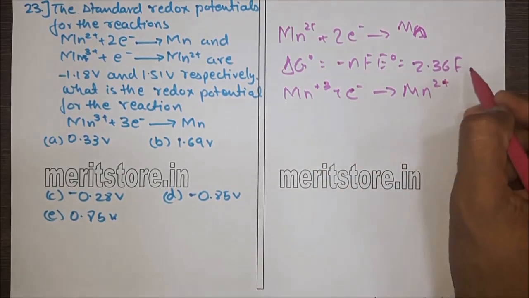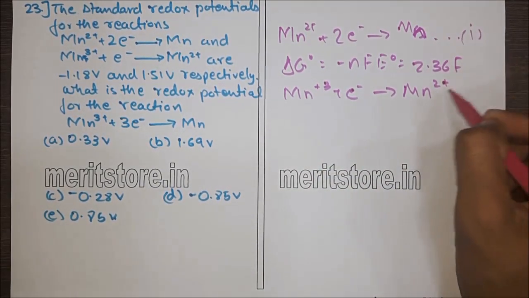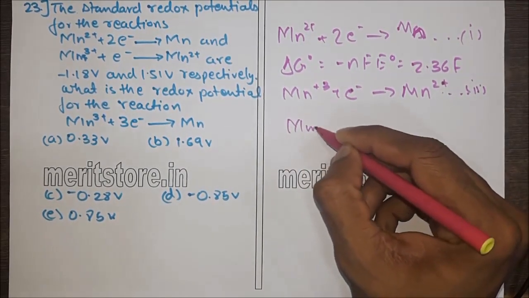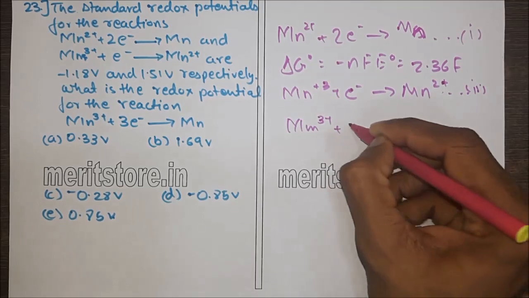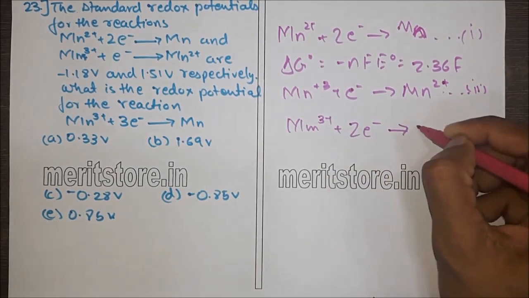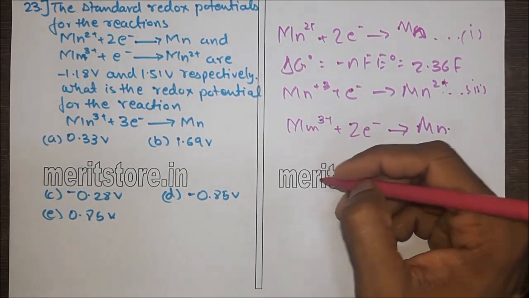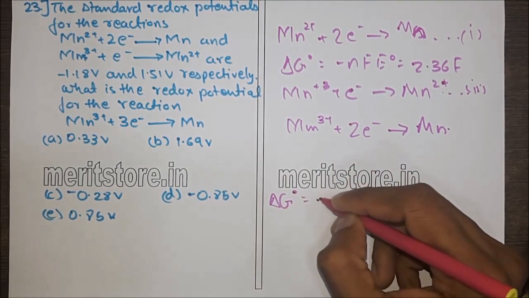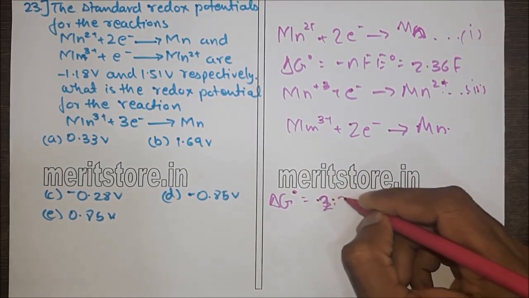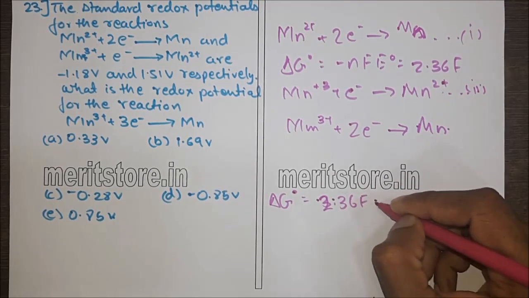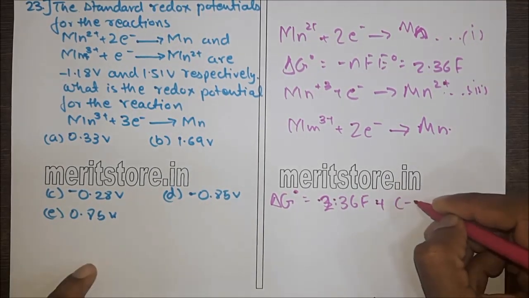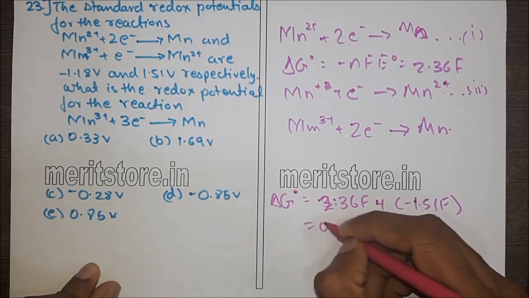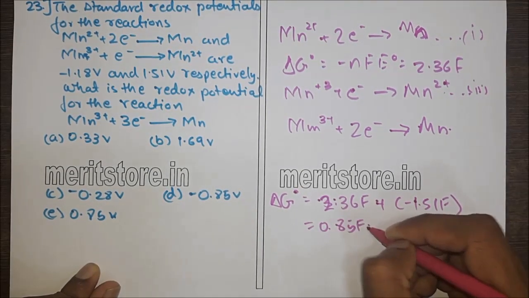So adding equation 1 and 2, where we take this as 1 and this as 2, we get Mn3 plus plus 3 electrons giving manganese. So delta G, that is Gibbs energy, is 2.36 farad plus minus of 1.51 farad, which is equal to 0.85 farad.